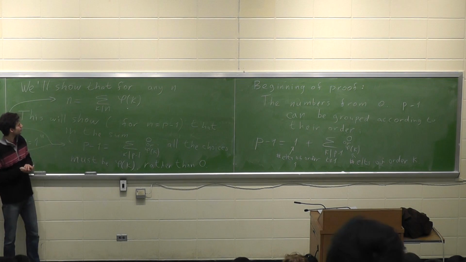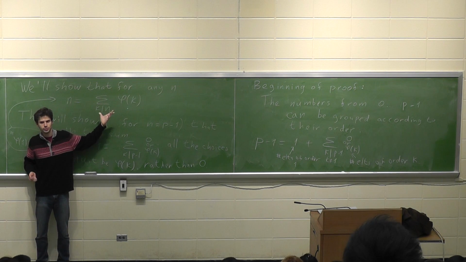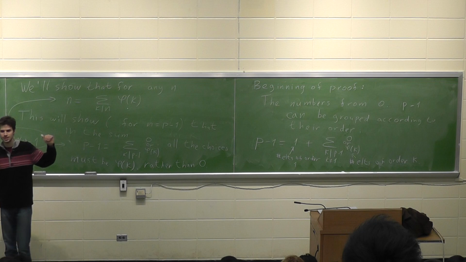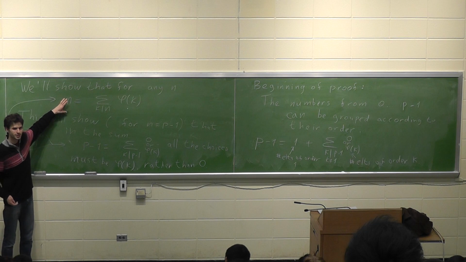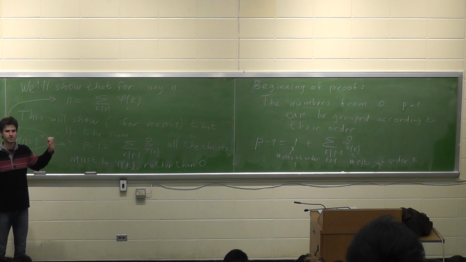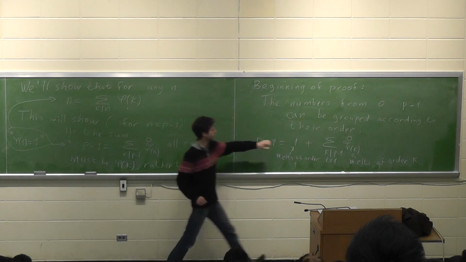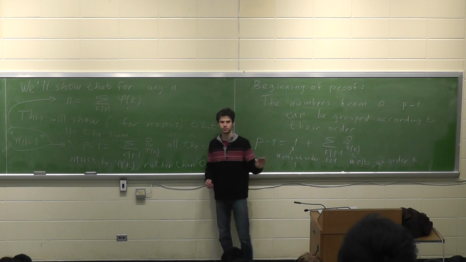The only missing ingredient is this formula, so let's try to prove it. Or maybe before this, any questions about the flow? For now, you should understand that if this formula is correct, then we actually prove the theorem that there are exactly φ(k) elements of order k for every divisor k of p minus 1.